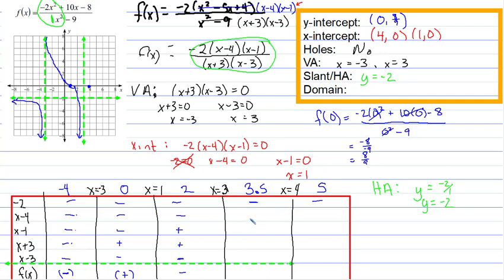So 3.5 minus 4. 4 is bigger, so that means this is negative. 3.5 minus 1. 3.5 is bigger, so that means this is positive. 3.5 plus 3, positive. 3.5 minus 3, that's going to be a positive 1/2. So I have 2 negatives, that means this section is positive.